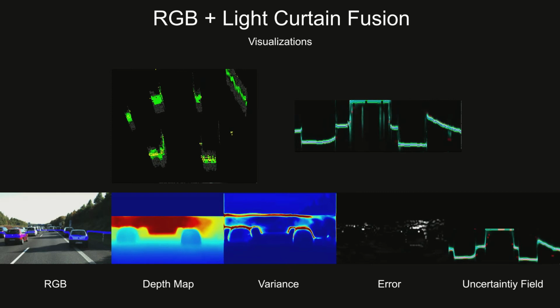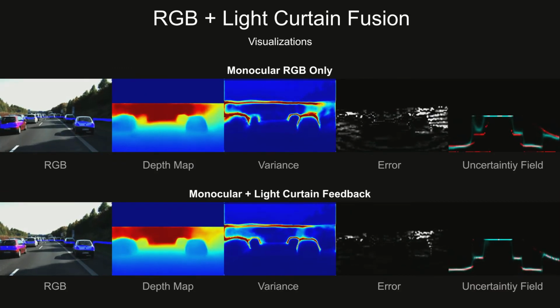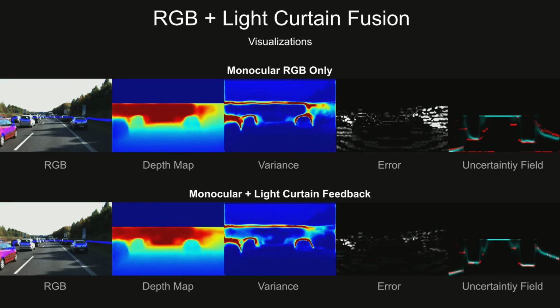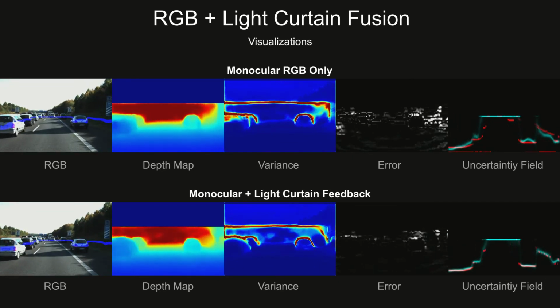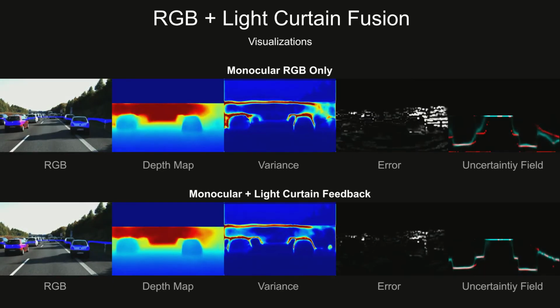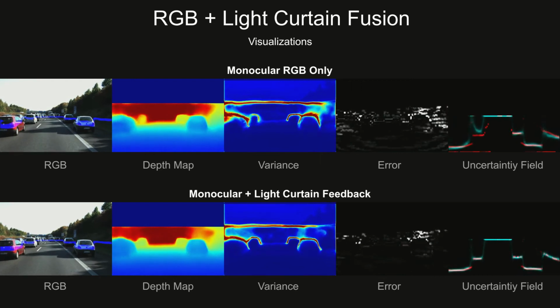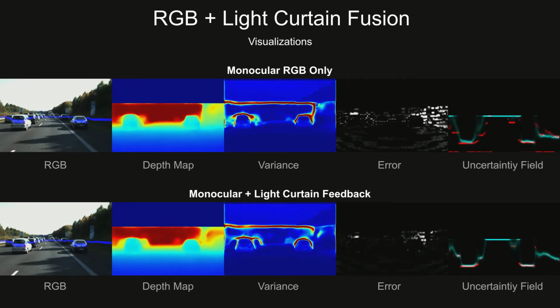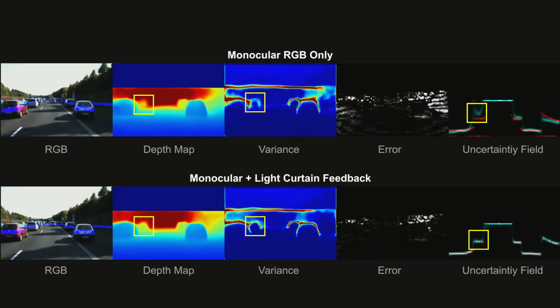And now let's look at a full moving scene without light curtain feedback and with light curtain feedback. Observe the uncertainty in this object notated in yellow.